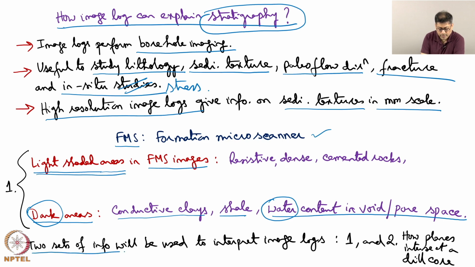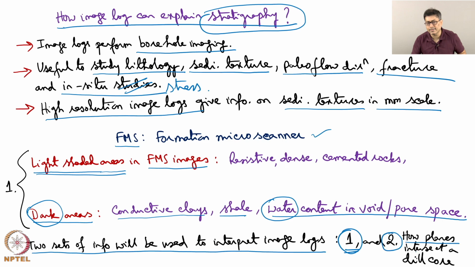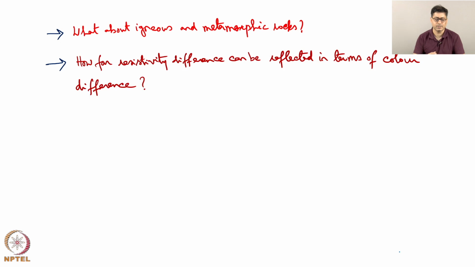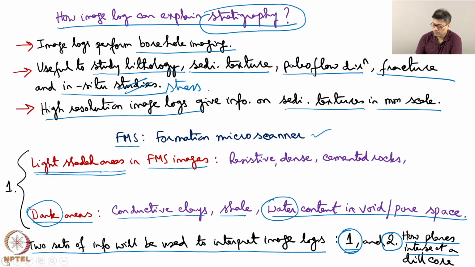So, there are two sets of information that we are going to use in interpreting image logs. One is what I said right now, and the second is what I have been stressing in lengthy lectures, the planes that intersect a drill core. These two sets of information we are going to use. We are going to demonstrate in terms of the sedimentary facies and stratigraphic interpretation.